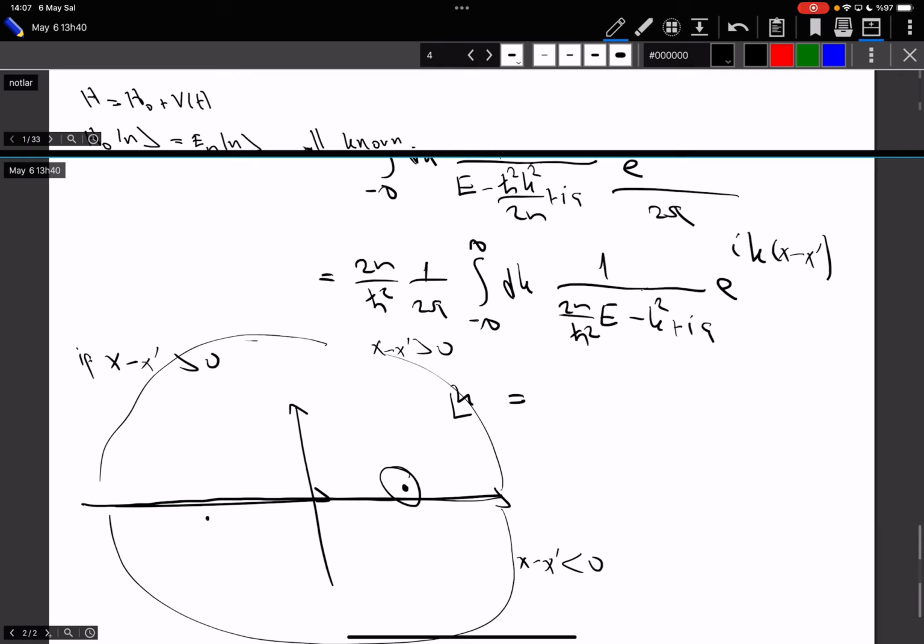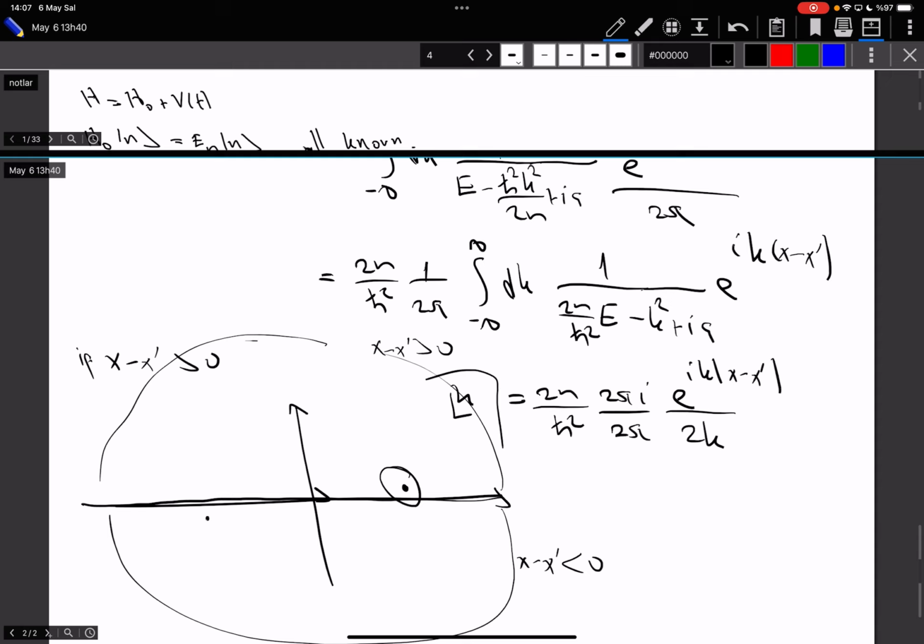So this just gives me 2m over h bar squared, 2 pi i divided by 2 pi. Now the residue of this integral is 1 over 2k. And the result will be e to power ik|x minus x prime|.